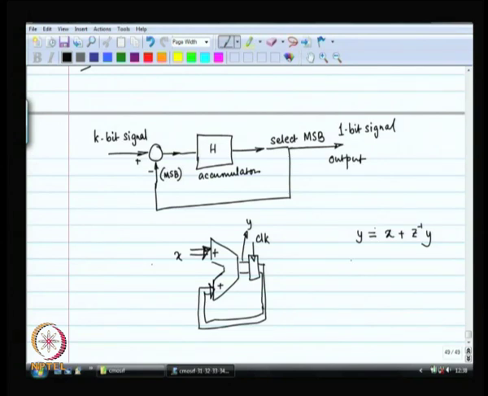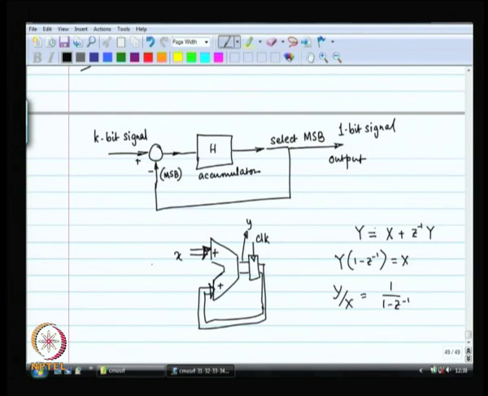So, that means that these are all in the z domain. Right. So, this is the transfer function of this kind of a system.